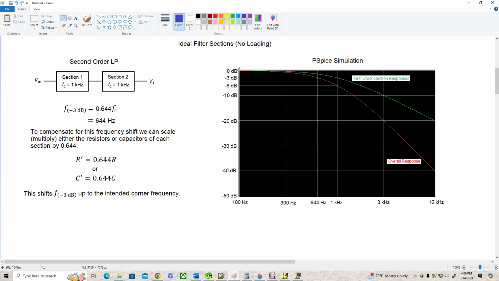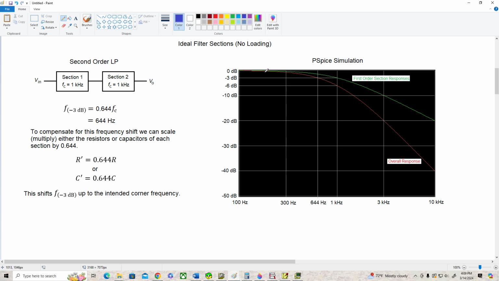We see that the response is 0 dB in the passband, and at 1 kilohertz we're down 3 dB, right? And the roll-off rate is 20 dB per decade. Now overall, when we cascade them, we see that at 1 kilohertz the response is now down by 6 dB. The 3 dB point is occurring at 644 hertz.